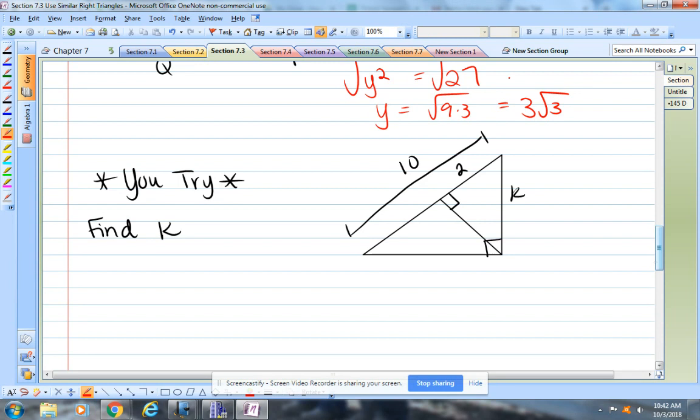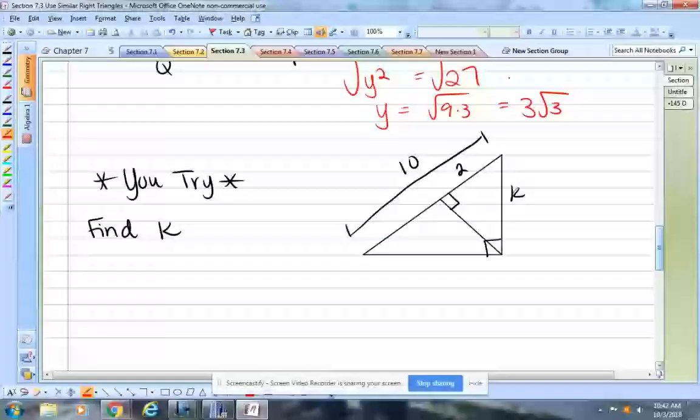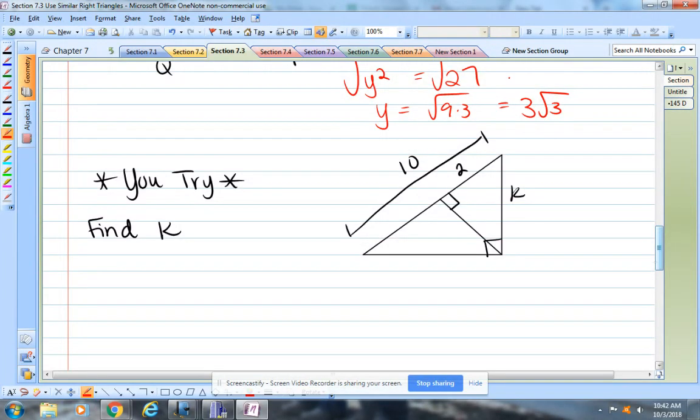So if y'all got a radical in your answer, you're probably not wrong. I can check them with each other.